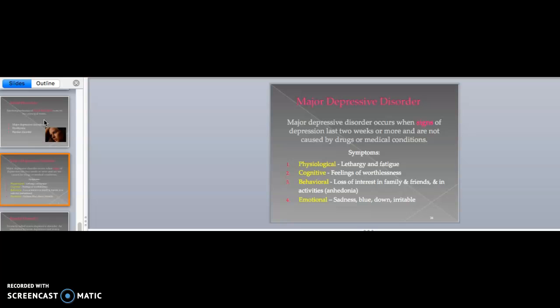But major depressive disorder is labeled as such because of its length and its severity over a person's life course, not due to a specific event necessarily.